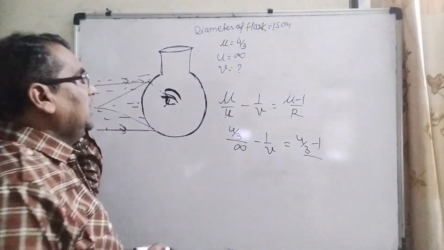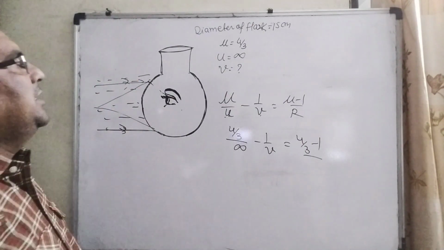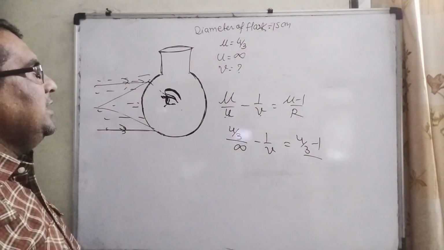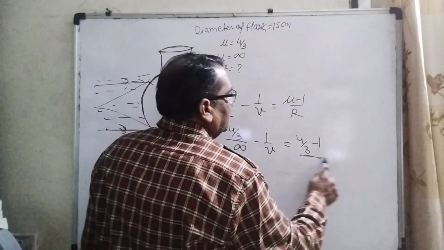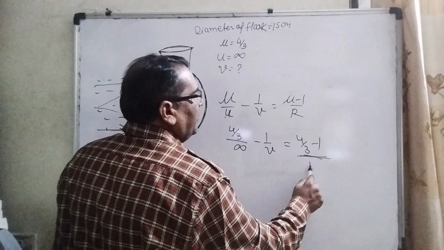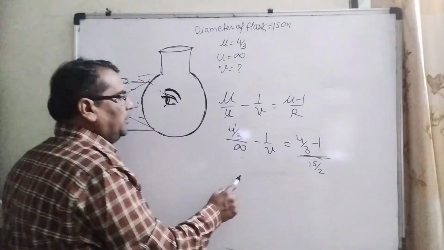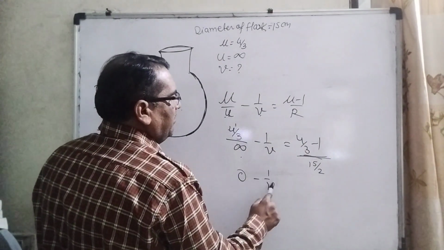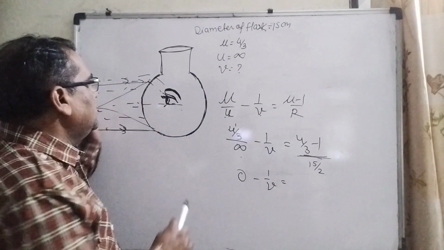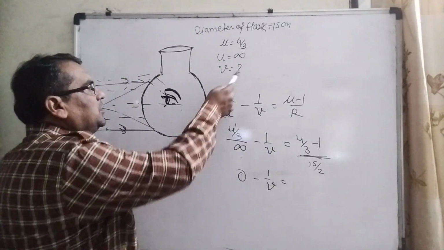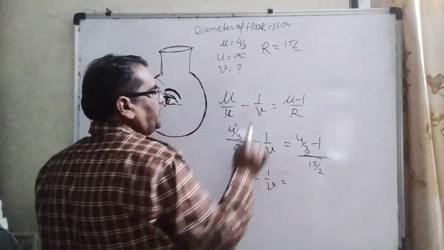And what is r? The flask has a diameter of 15 centimeter, so the radius of curvature becomes 15 by 2. Substitute this value 15 by 2. The whole system gives 0 minus 1 by v, and r can be taken positive because the centre is on the right side. By the sign convention, r is 15 by 2.